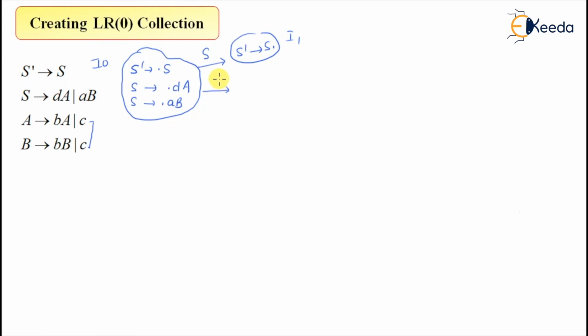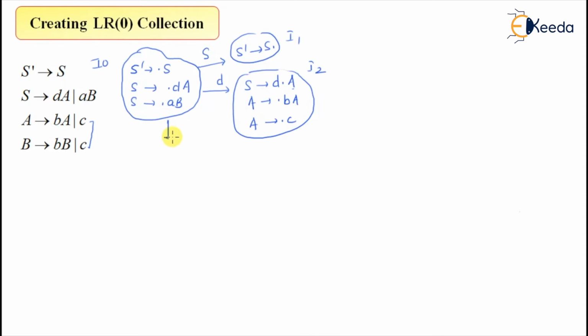Now we'll move over small d, and this will become S derives d dot A. Now the dot is in front of A, so I will include the productions A derives dot BA and A derives dot c, and I will call this state I2.